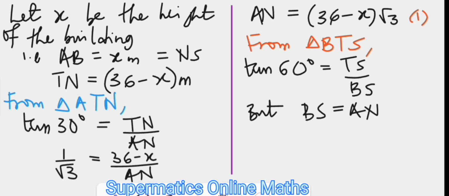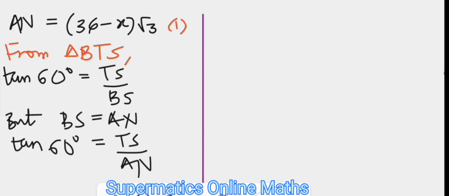Therefore, we can write the above as tan 60 degrees equals TS over AN. And the tangent of the angle 60 degrees is the square root of 3, and that's equal to the side TS, which is 36 meters, that's the height of the tower, divided by AN.